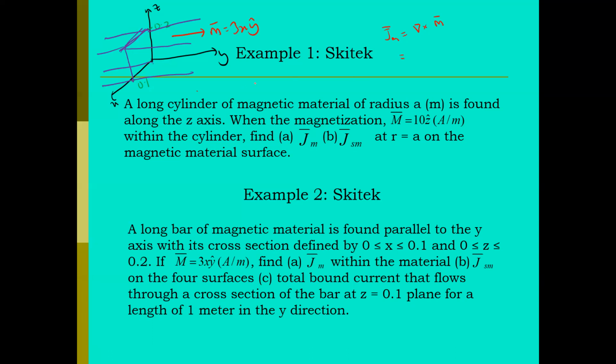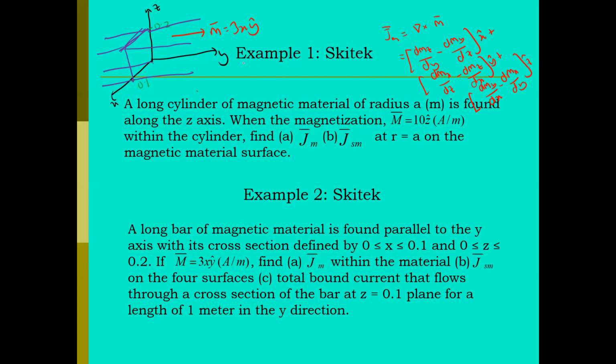Knowing that this is in the Cartesian coordinate system, we can write the curl of M in Cartesian as dMz over dy minus dMy over dz in the x direction, plus dMx over dz minus dMz over dx in the y direction, and finally dMy over dx minus dMx over dy in the z direction.